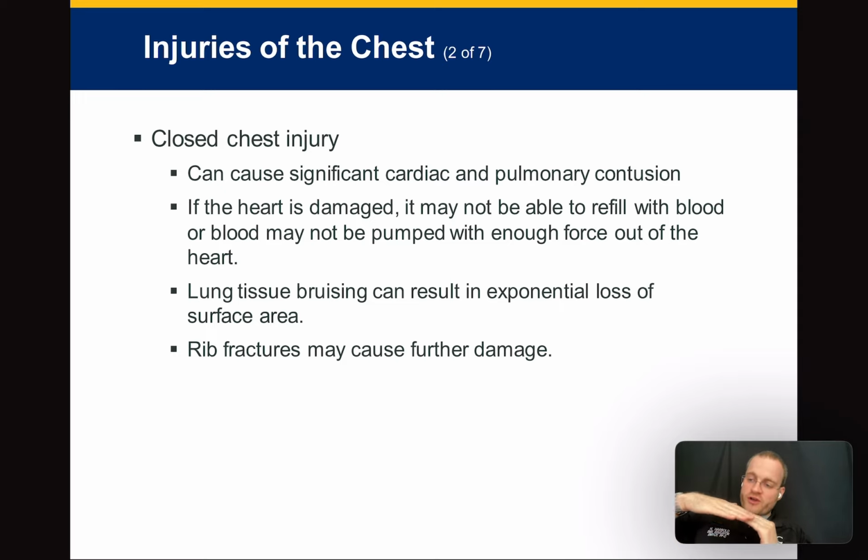Those shards are very sharp. With each breath, this area is still moving, right? With a broken leg, you can splint the leg and hold it still to prevent crepitus and further damage. But what are you going to do, have the patient quit breathing? You can't really do that with breathing. And so you do risk further damage with rib fractures as these bones rub on each other and into soft tissue.